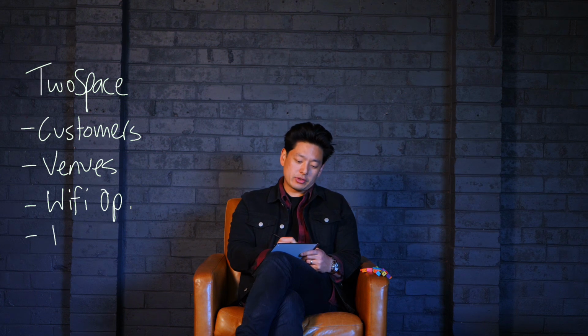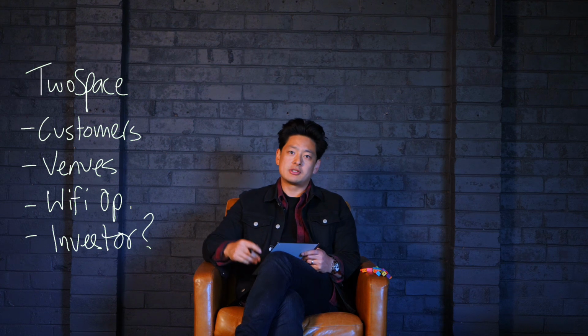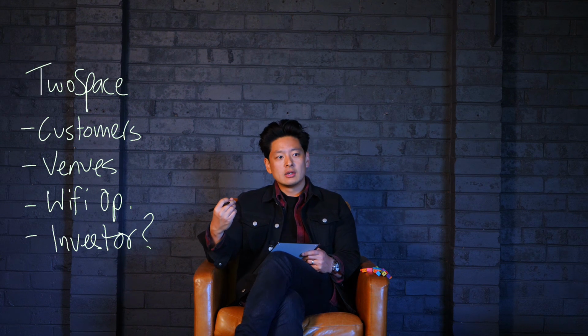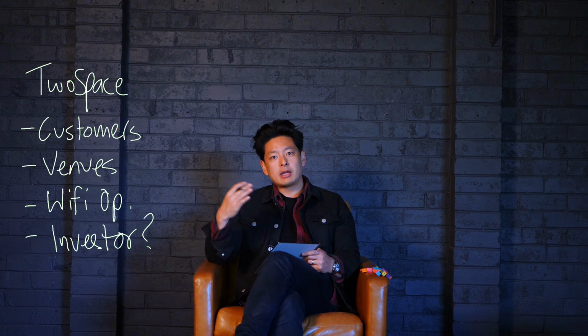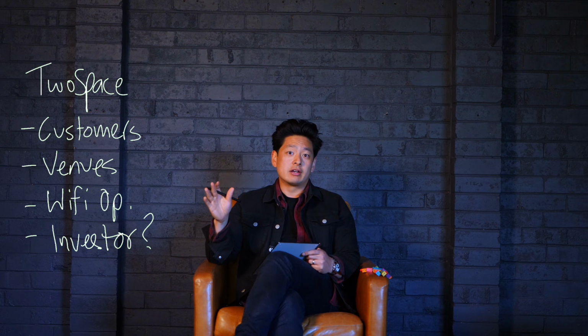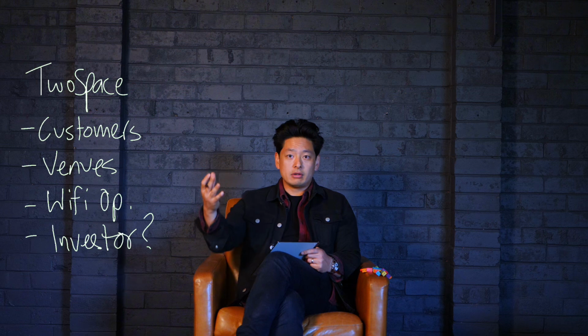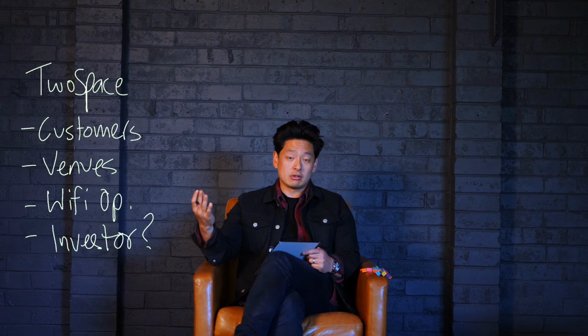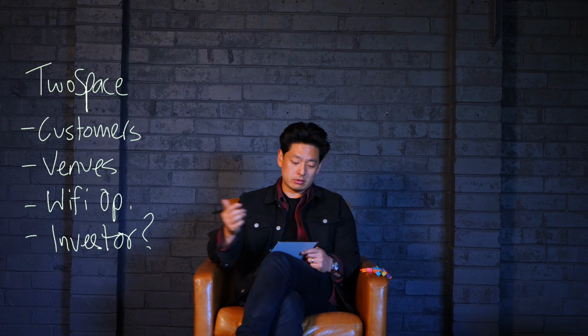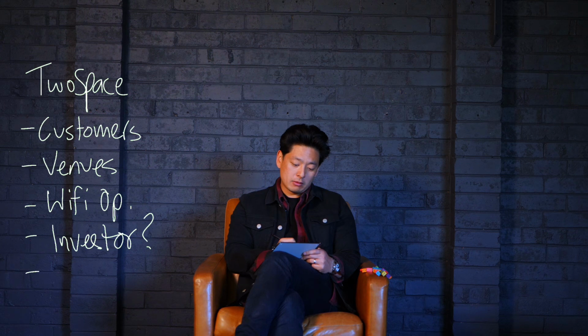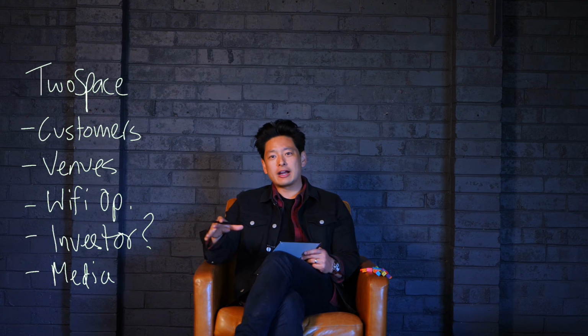I'll put investors in with a question mark because we weren't sure if we needed funding just yet, right? But it's an important question to ask yourselves. We actually bootstrapped in the beginning and we were able to hit our $10 million valuation without investor help. But you never know. At the start, you may need that to get your idea off the ground, depending on what product you're trying to launch. And the final one I'll put in as media, because as a first-time founder, we had zero budget. We didn't even have track record, right?